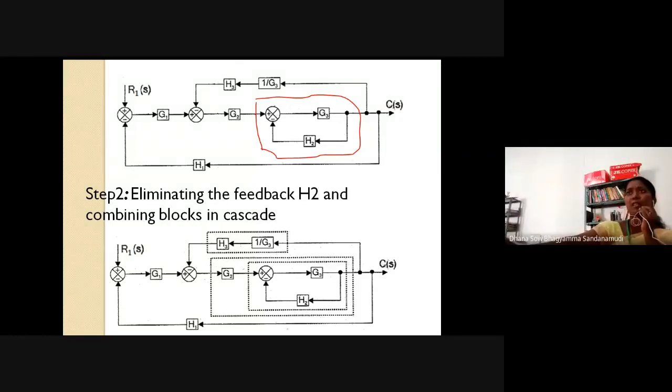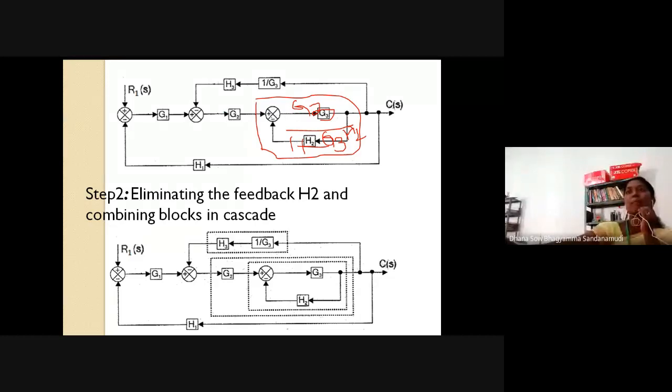So the magnitude of this block will be G3 divided by 1 plus G3 into H2. This block will be in cascade with G2.